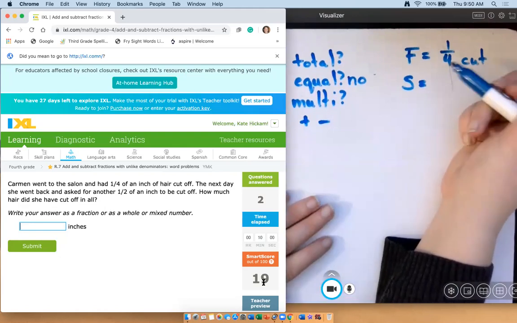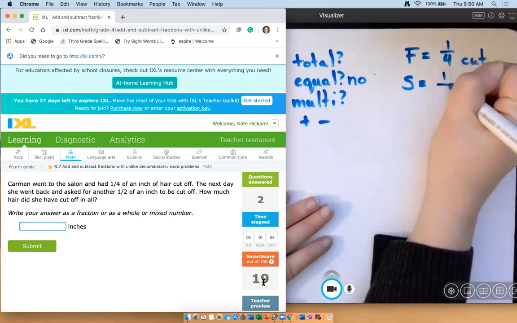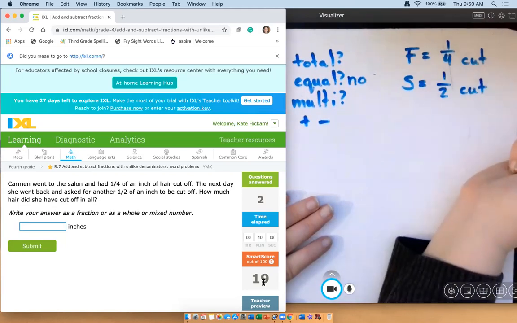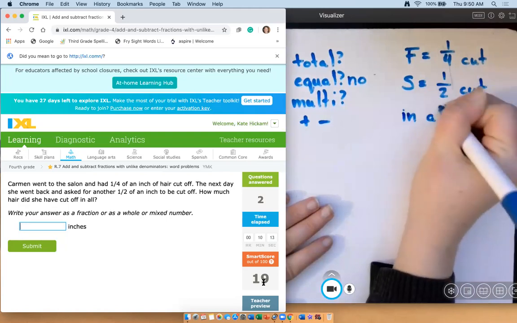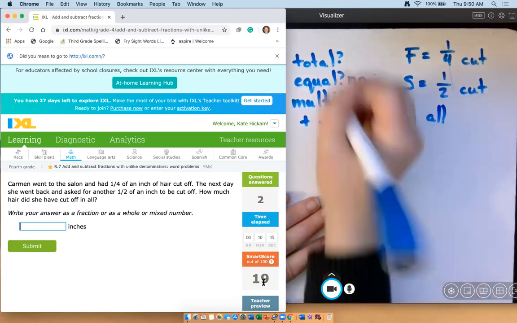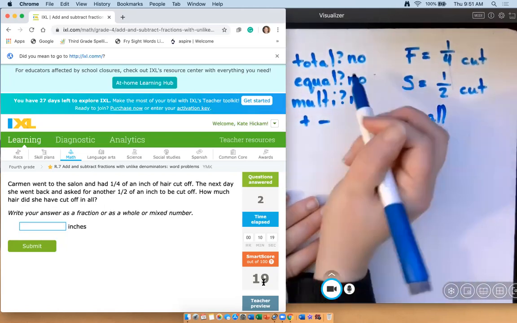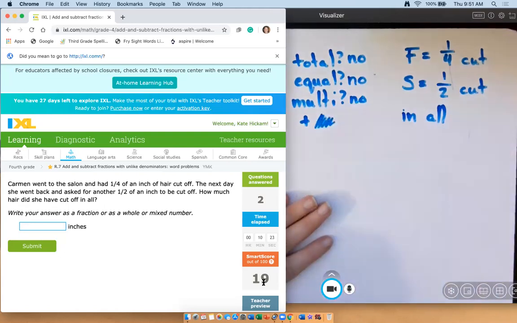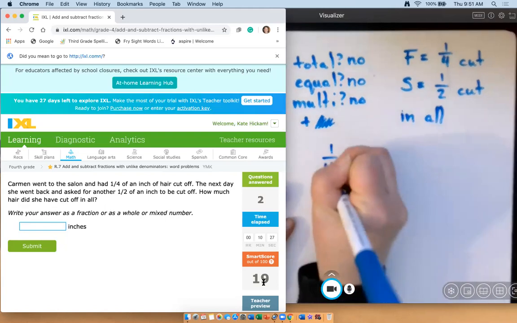So the first day she had 1/4 cut. The second day she had 1/2 cut. And how much hair did she have cut in all? In all means we're looking for a total, so we don't already have one, and it's not multi-step. Since we're looking for the total, we can eliminate subtraction, and we're going to be adding 1/4 plus 1/2 equals the total.